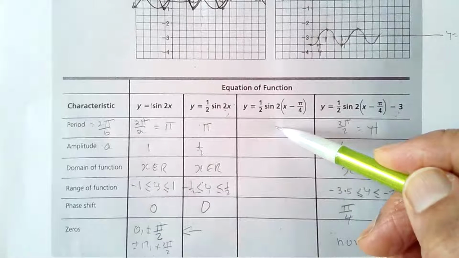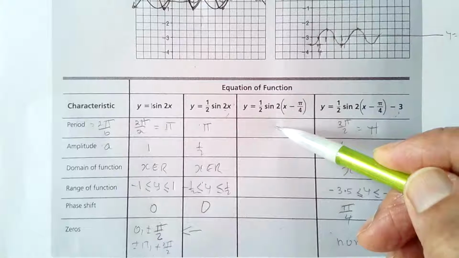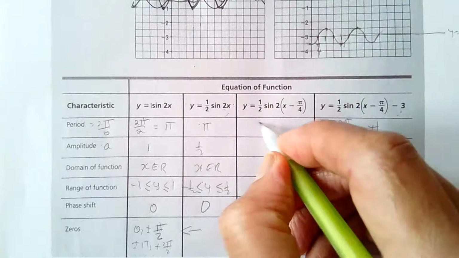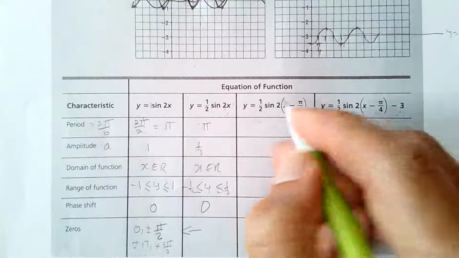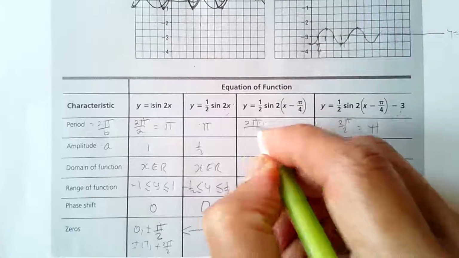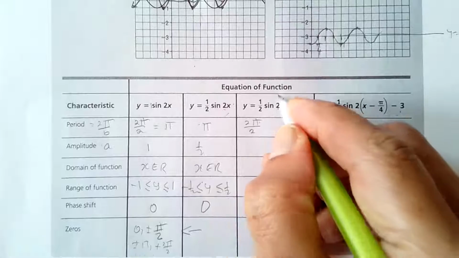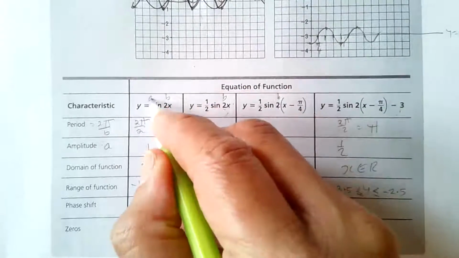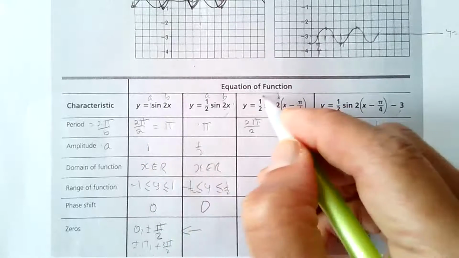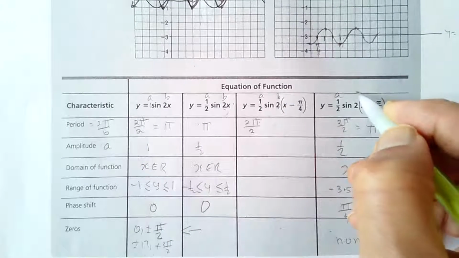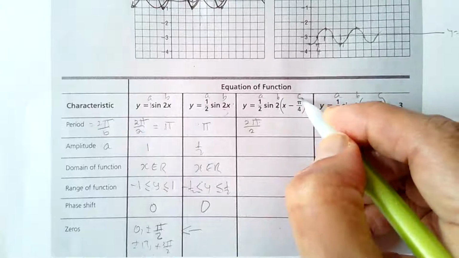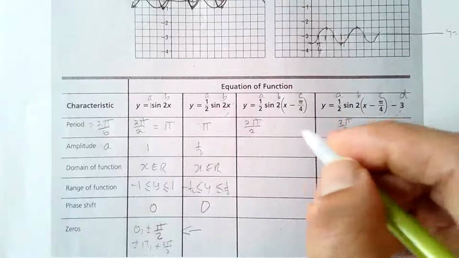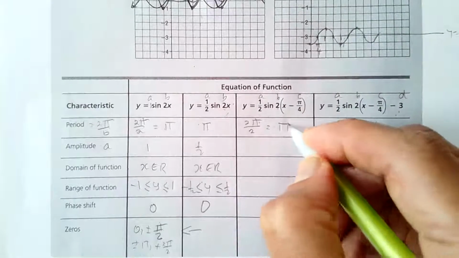For the next one here, which I did mention you should try, I'm just going to give you the result just in case. The period would be the same. It would be 2 pi over 2, which is your B. It's your A. It's your C, and this is your D. So which gives you pi.